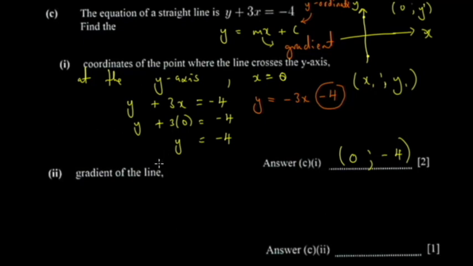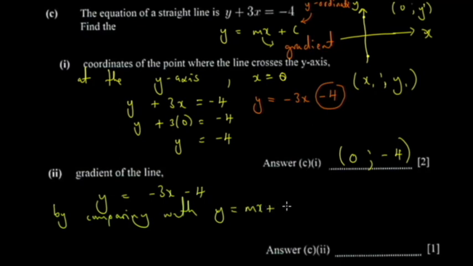If you had done this, you could also have used the same logic and said, by comparing with y equal to mx plus c, where m is the gradient, you conclude m is equal to negative 3, like this. So this coefficient here must be there. So the gradient is negative 3.